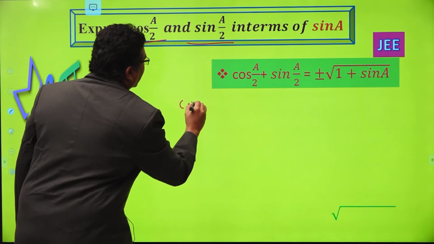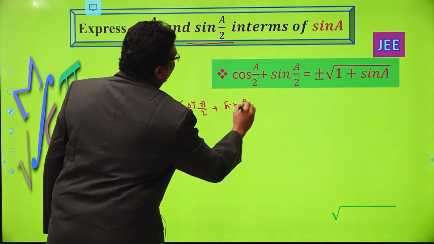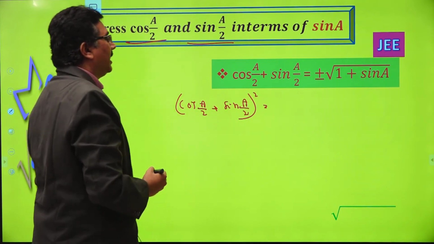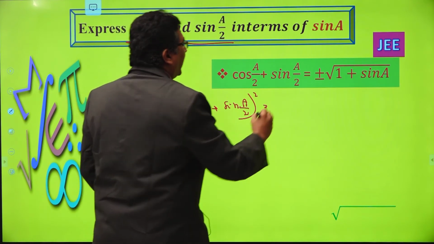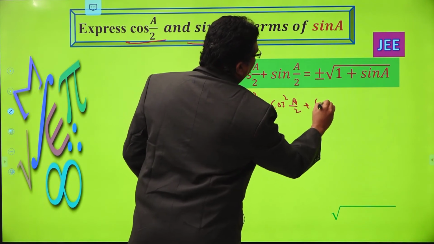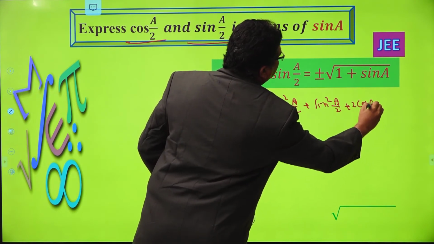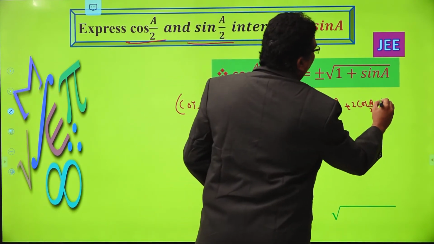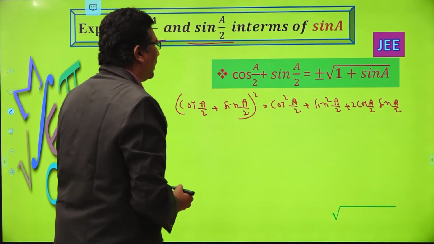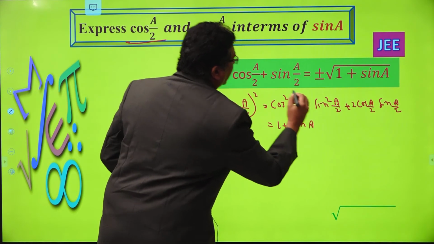Consider cos a by 2 plus sin a by 2 whole square, that is equal to cos square a by 2 plus sin square a by 2 plus 2 cos a by 2 sin a by 2, that is equal to 1 plus sin a, right.